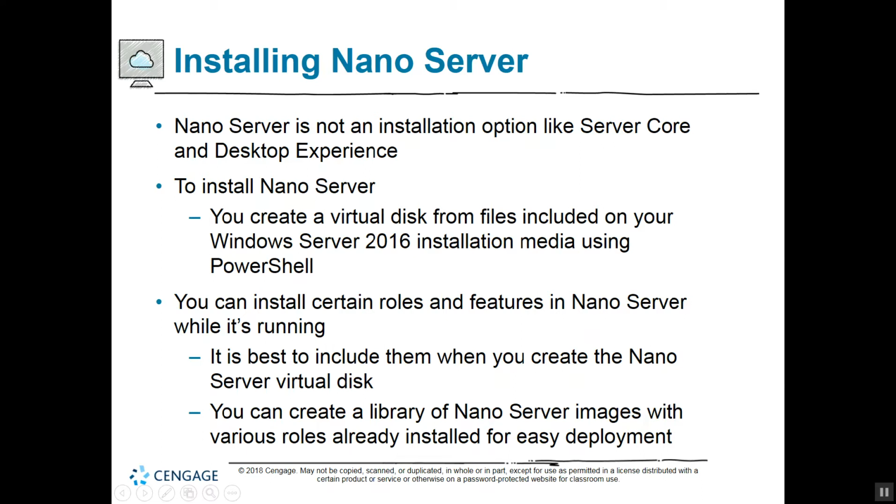You can install certain roles and features in Nano Server while it's running, but it's best to include them when you create the Nano Server virtual disk. You can create a library of Nano Server images with various roles already installed for easy deployment.